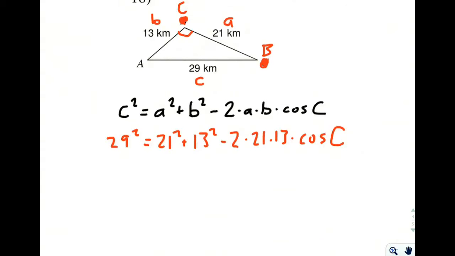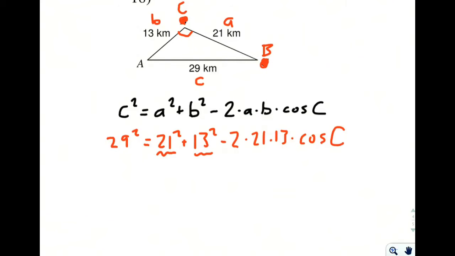This one can be a little trickier to solve because we need to start getting everything on the other side of the equation. So first thing, I have this entire piece as one term. They are all locked together until I can get that alone on one side. So I need to work on getting that whole chunk alone on a side by itself. To do that, I need to subtract away the 21 squared and the 13 squared.